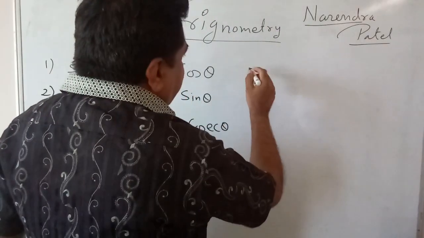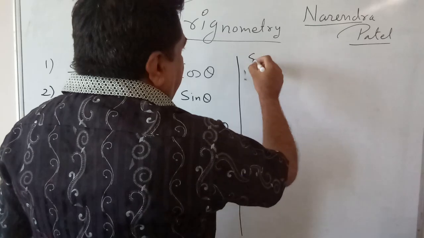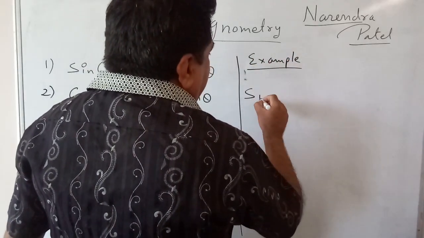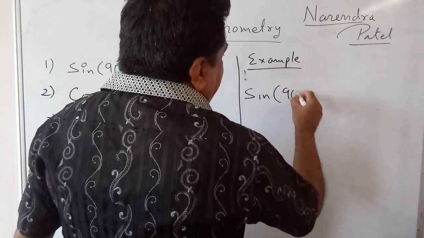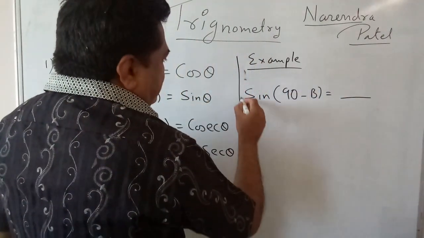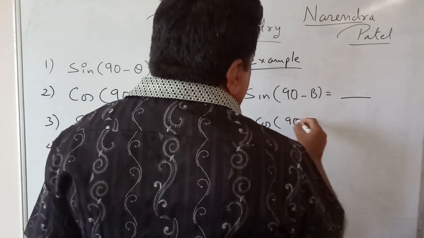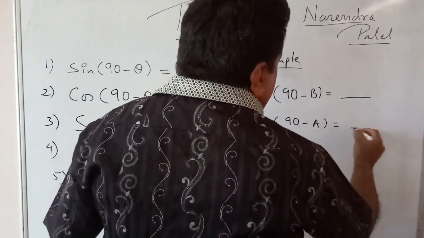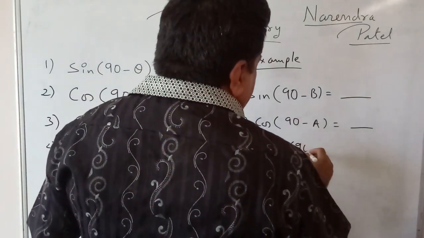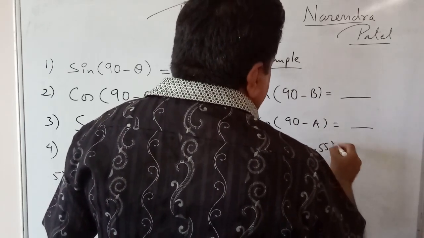Let me take one example. Examples. Here these are formulas. Now example: first, sine 90 minus b is equal to dash. Second, cos 90 minus a is equal to blank. Third, tan 90 minus 55 is equal to dash.